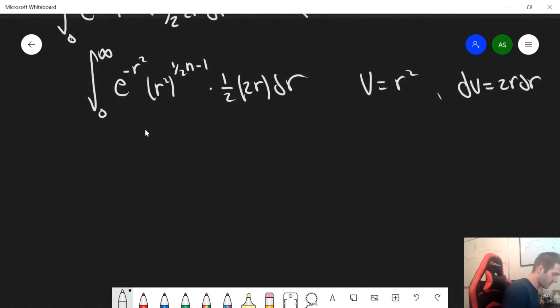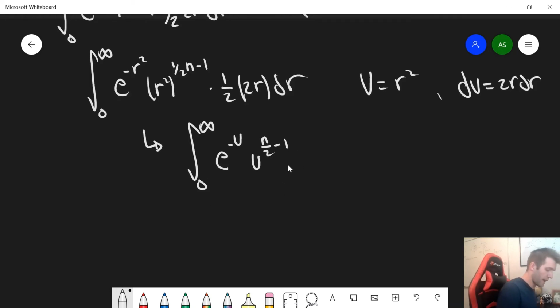So what that gives us is our integral from 0 to infinity of e raised to the negative u times u raised to the n over 2 minus 1, and that 1/2 is still there, but we substitute du in for 2r dr. So du, and that 1/2 I'm just going to put right on the outside of this integral here.